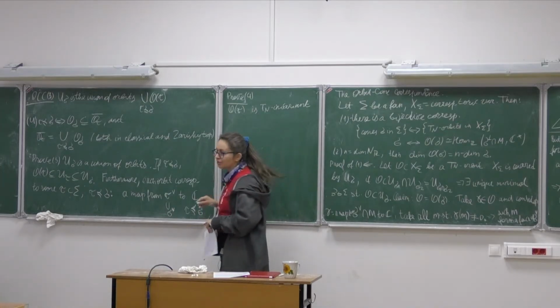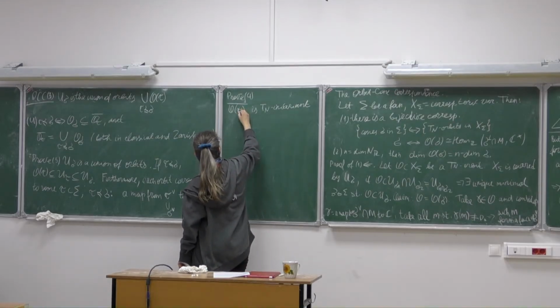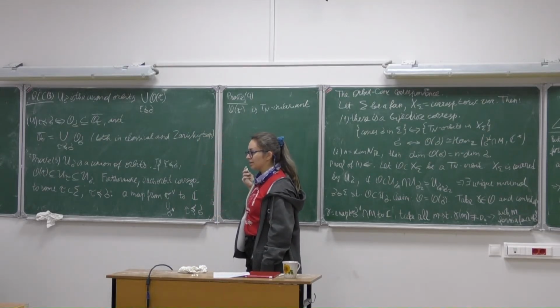So I say that if I take O tau bar in the classical topology, it will be torus invariant.